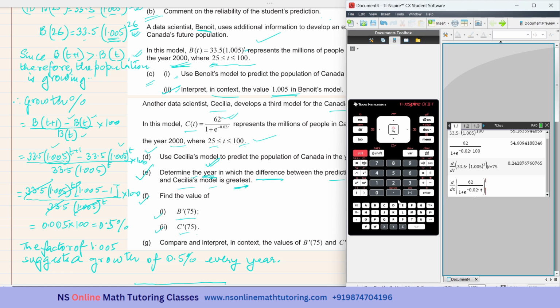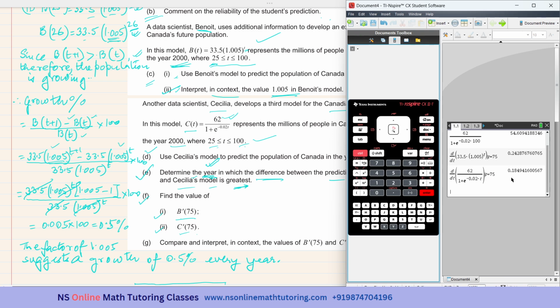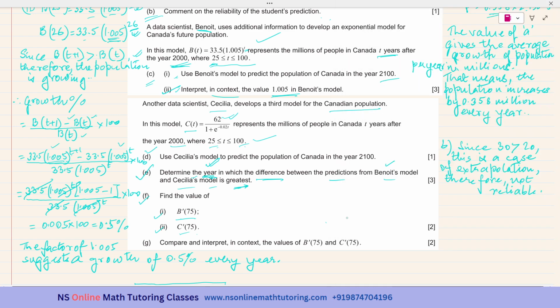Okay, and I come out of the pipe, and t should be equal to 75. Enter. 0.1849. So correct to three significant figures, it will be 0.185.